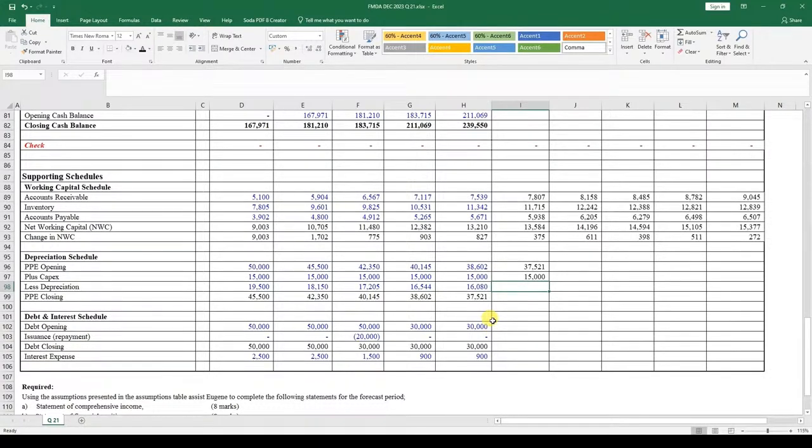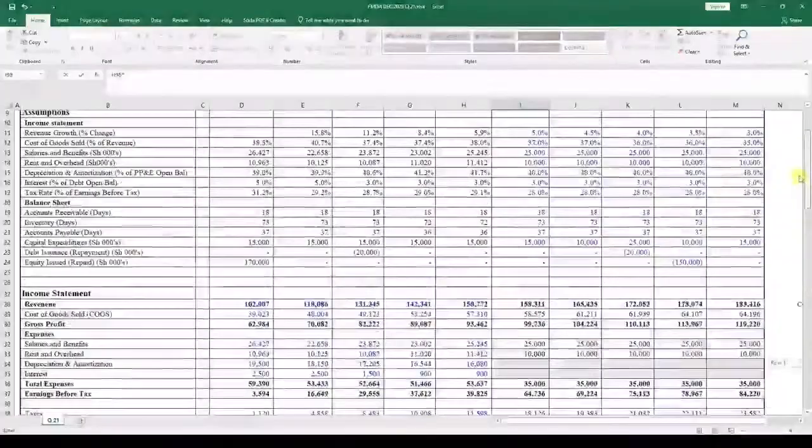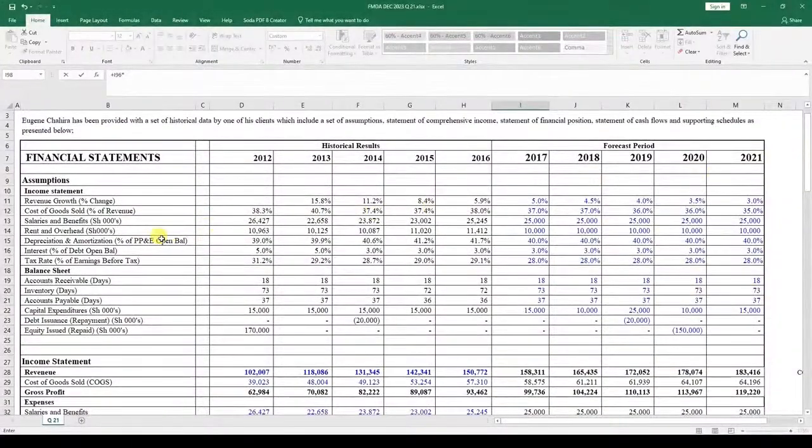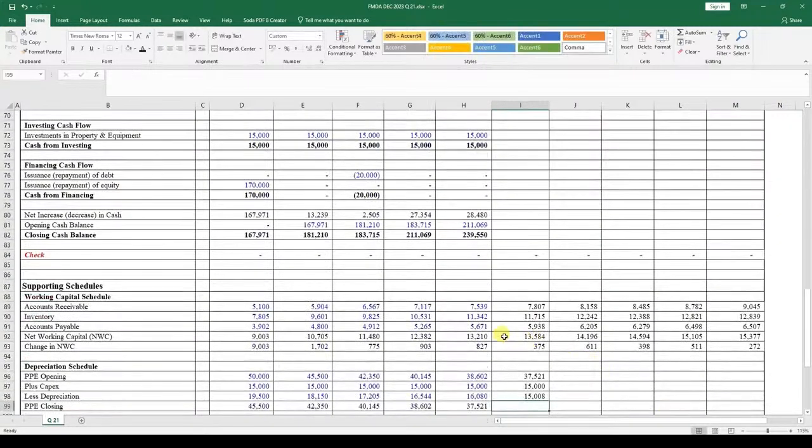The depreciation is based on the opening PPE always. So pick the opening value of PPE and multiply that with the depreciation rate. Remember, we are assuming for simplicity's sake that it is going to be the straight line method. So depreciation, we multiply it with that, and we get that.